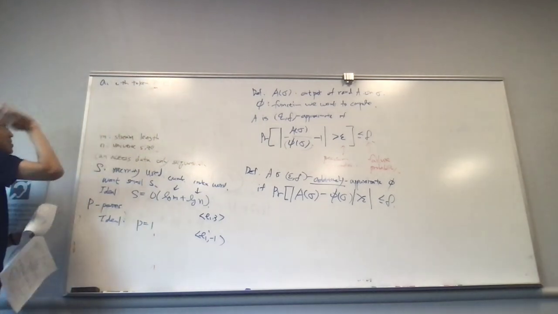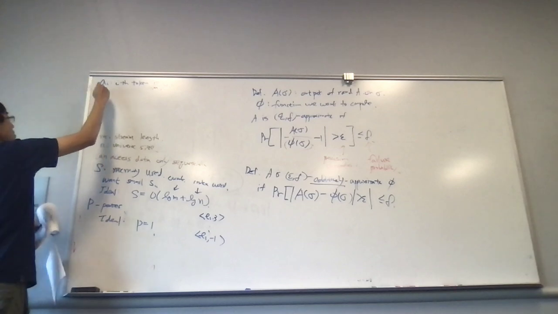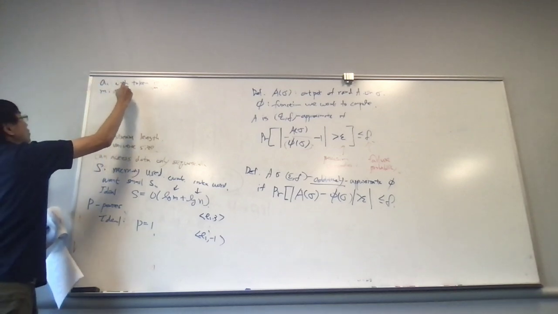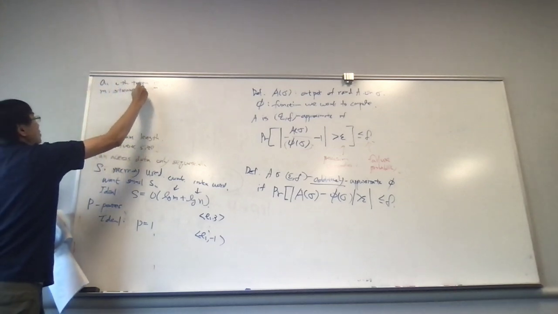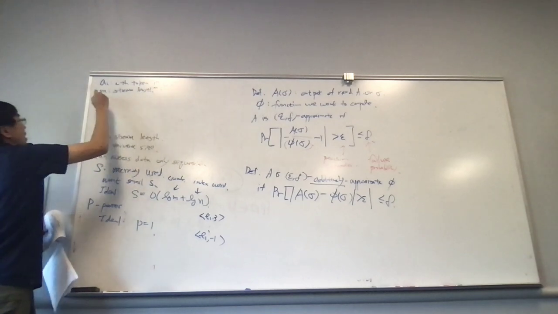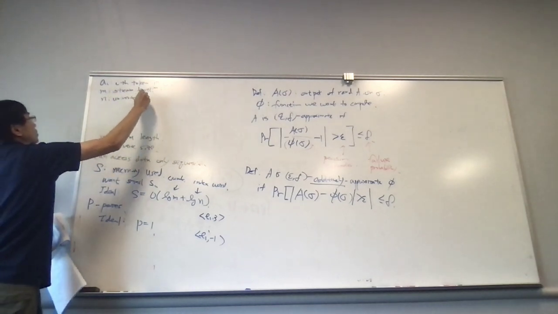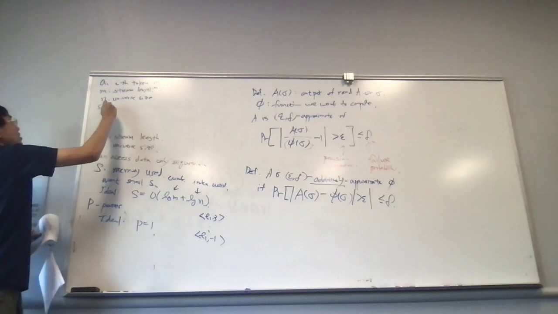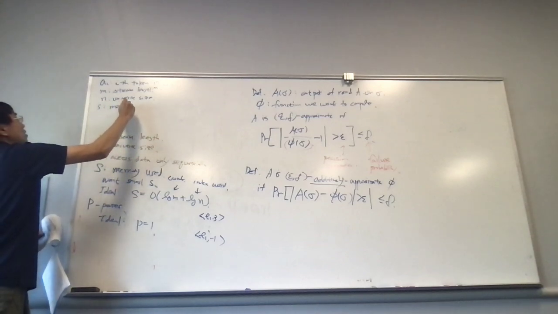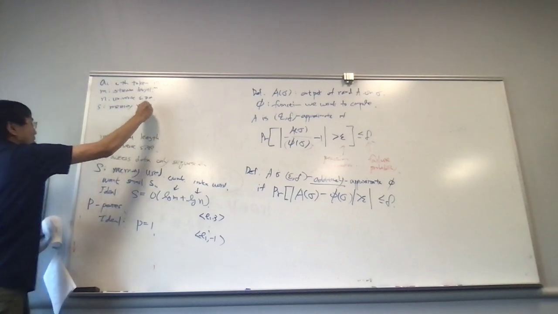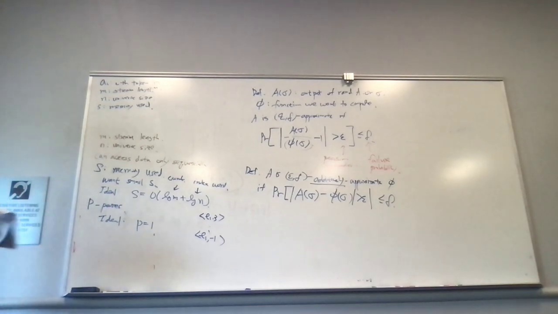Remember that a_i is the i-th token in sigma, m is the stream length, n is the reference size, and s is the memory used. Let's only remember this.